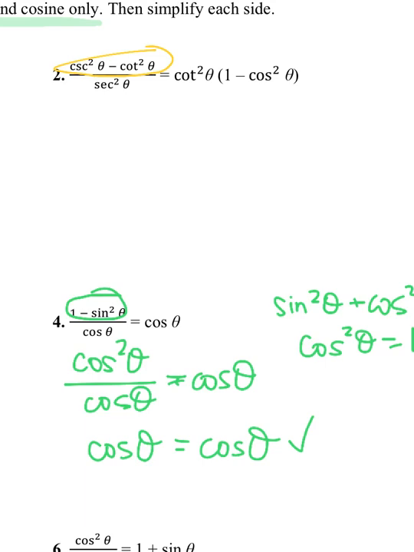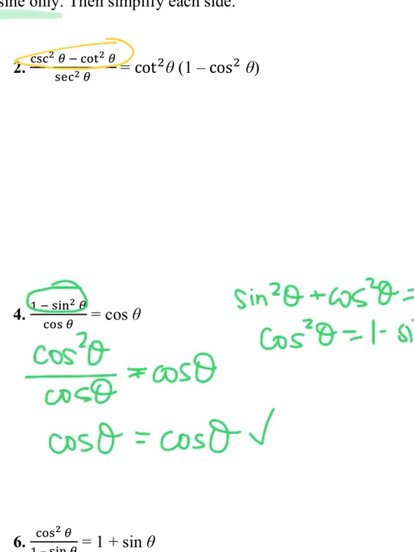All right, so that Pythagorean identity from our last lesson was that 1 plus cotangent square theta is equal to cosecant square theta. And so if I subtract the cotangent over, I get cosecant square theta minus cotangent square theta is equal to 1.